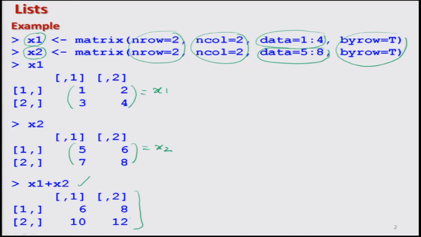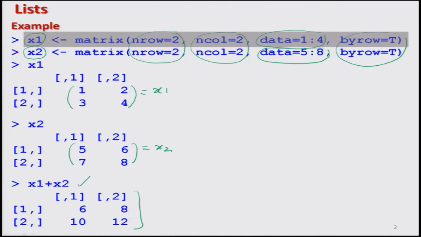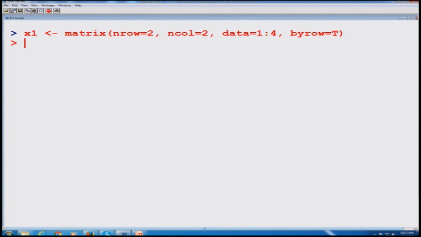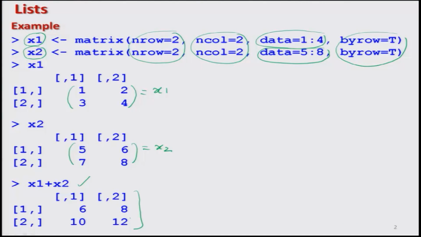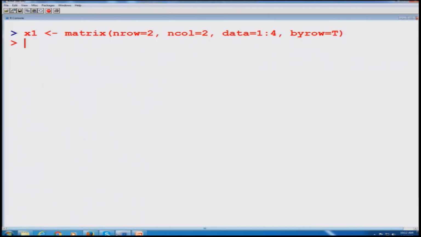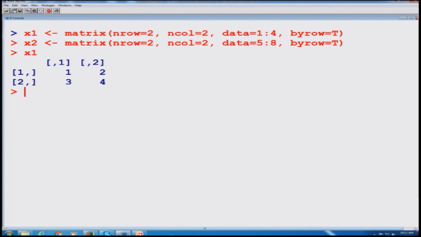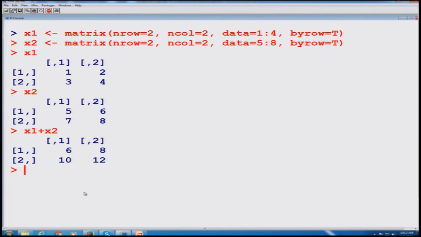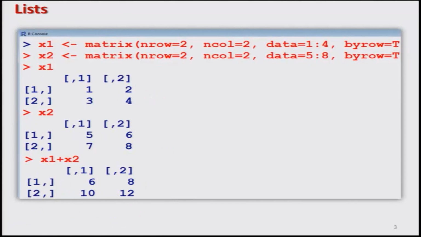Just for the sake of illustration, let us try to do it in the R console and see what happens. So you can see this is my x1 matrix and this is my x2 matrix, and when I am trying to add them, x1 plus x2 gives me this outcome. So up to now there is no problem, and in the next slide this is the screenshot of this outcome.